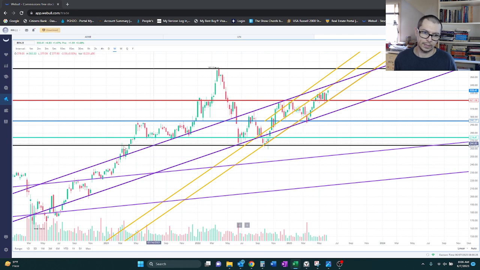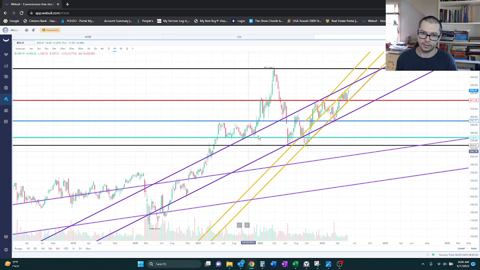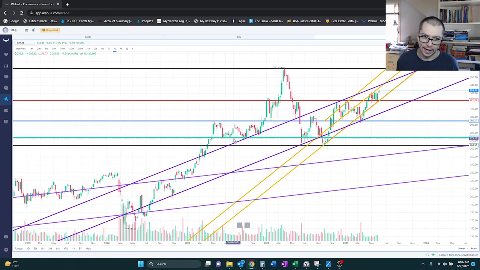Also, we added in these 2 purple uptrends. Again, similar to Adobe, this darker purple uptrend line is based on the argument that after this dip in 2020, it has played out that way.